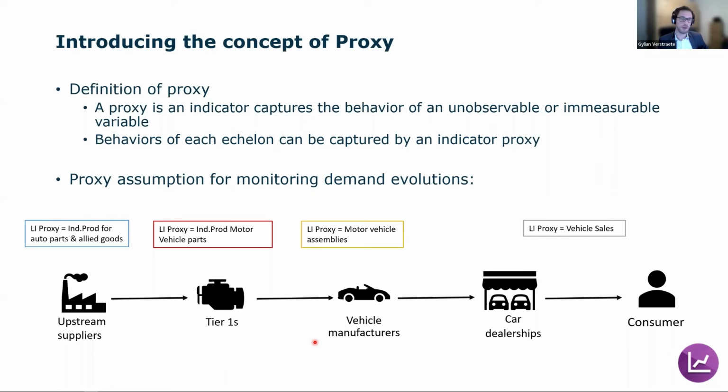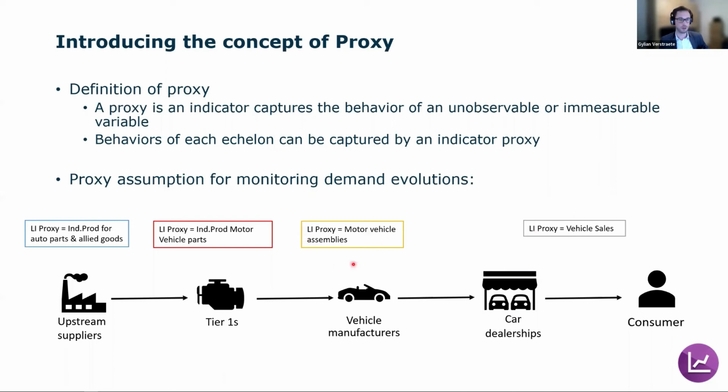What's really interesting is, especially if you're really upstream in the supply chain, like for example a tier 1 or an upstream supplier, then you can monitor the evolutions in the supply chain by looking at proxies. We define a proxy as an indicator that captures the behavior of an unobservable or immeasurable variable. Here we define the following proxies. For the sales between the dealership and the consumer, vehicle sales is the proxy.